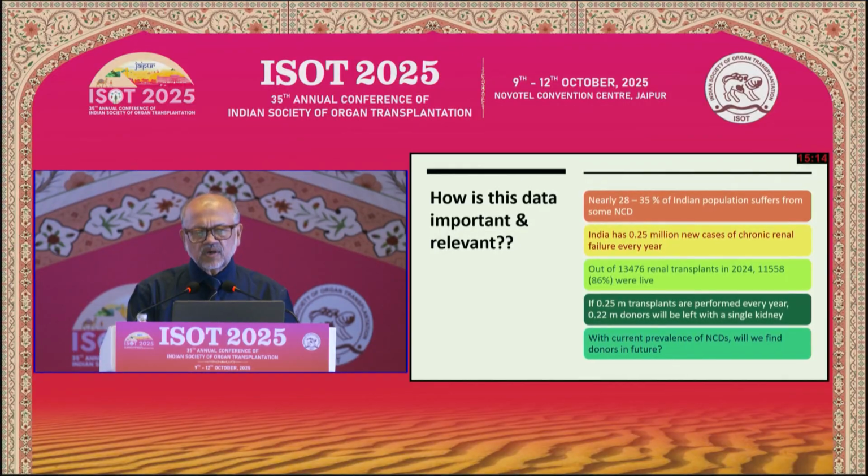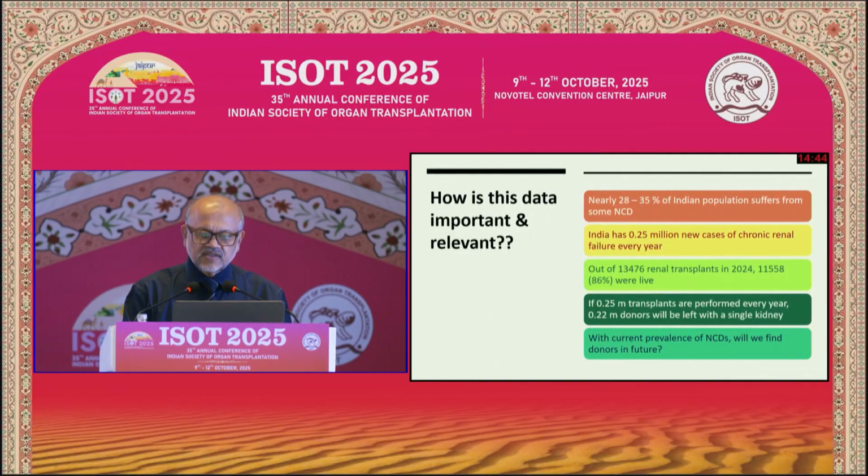Now, how relevant is this data to this conference? About 28 to 35% of the Indian population suffers from some NCD. India has about 0.25 million new cases of chronic renal failure every year. Out of 13,476 renal transplants which were performed in 2024, nearly 11,558 were live transplants.